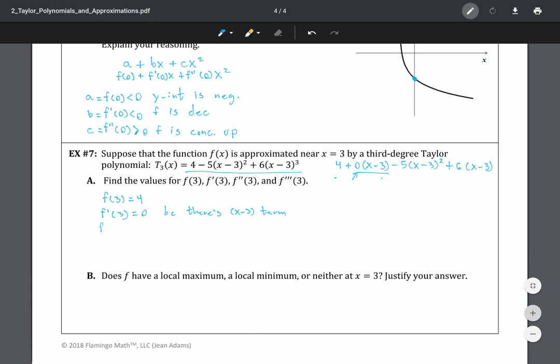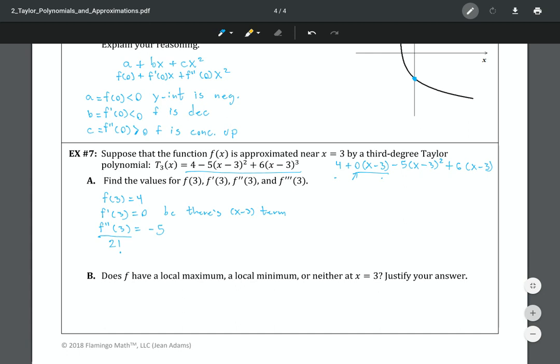All right, now let's see, f double prime of 3. Remember that according to the formula that we have, this is normally f double prime of 3 times x minus 3 squared all over 2 factorial. So all of this gave me a negative 5.